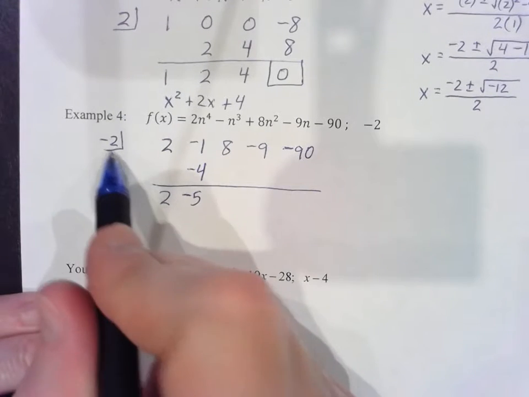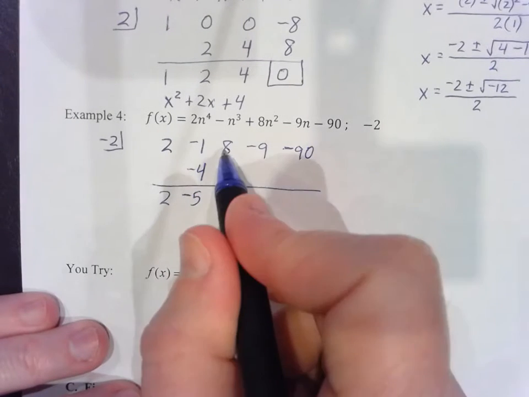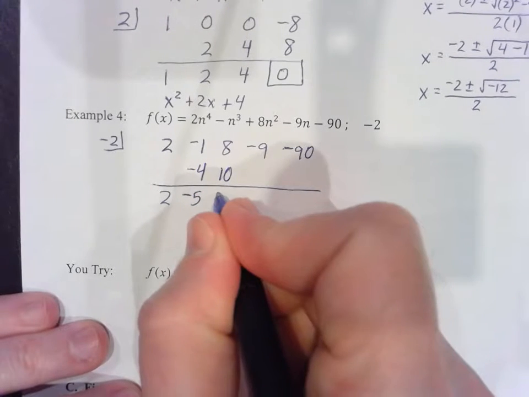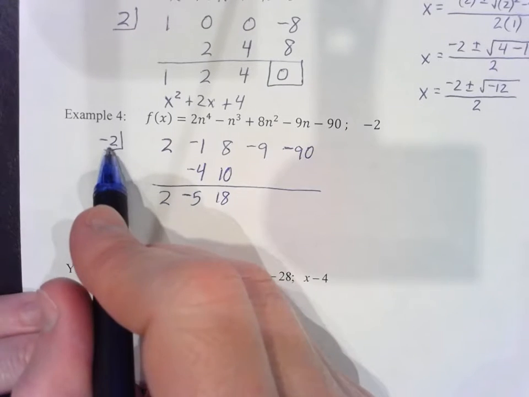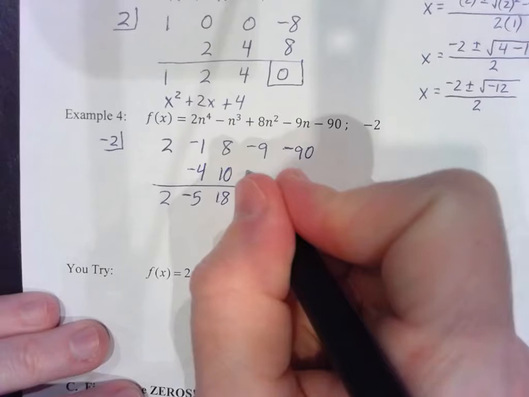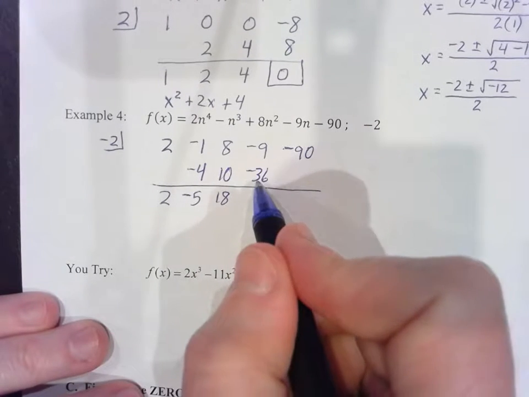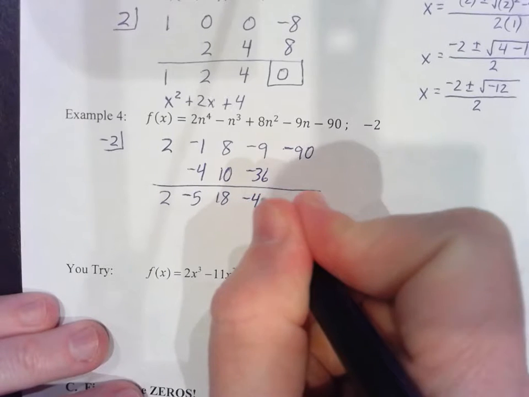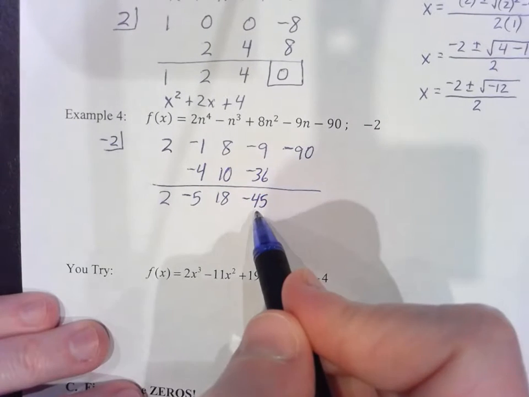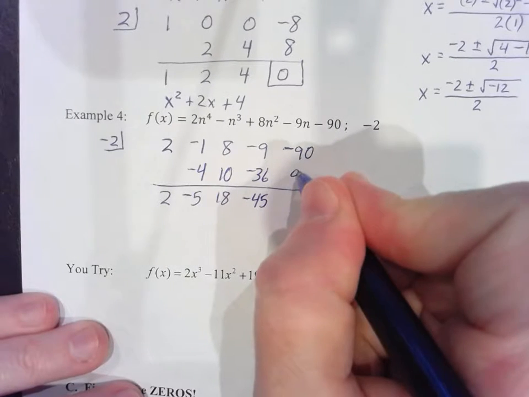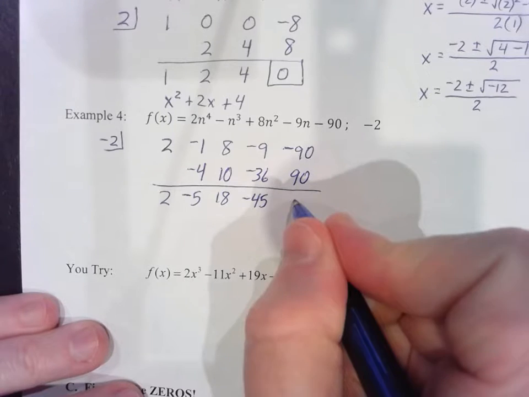Multiply negative 2 times negative 5, positive 10. 8 plus 10 is 18. 18 times negative 2 is negative 36. Negative 9 plus negative 36 is negative 45. Negative 2 times negative 45 is positive 90. Negative 90 plus 90 is 0.